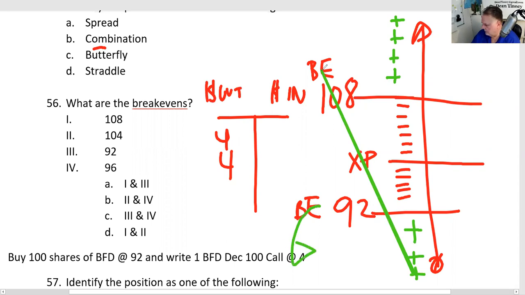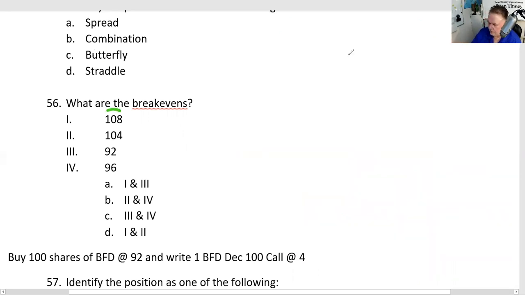If you're long a straddle, you want the stock either above or below the break even. And we have 2 versions of these, long straddles and short straddles. And then when do you use it? You use it when you expect volatility, but direction is uncertain. So break even is 108 and 92, and it was a straddle.